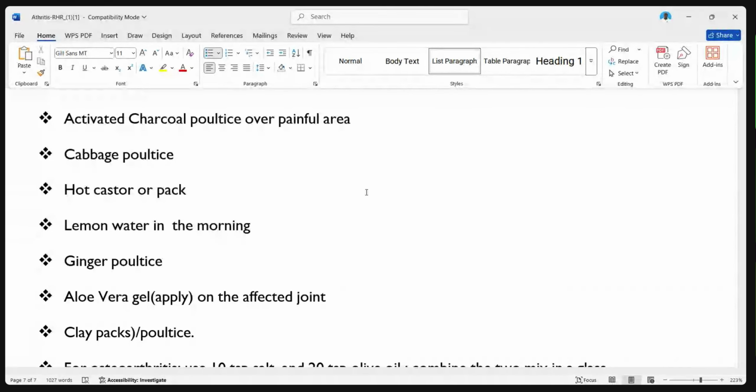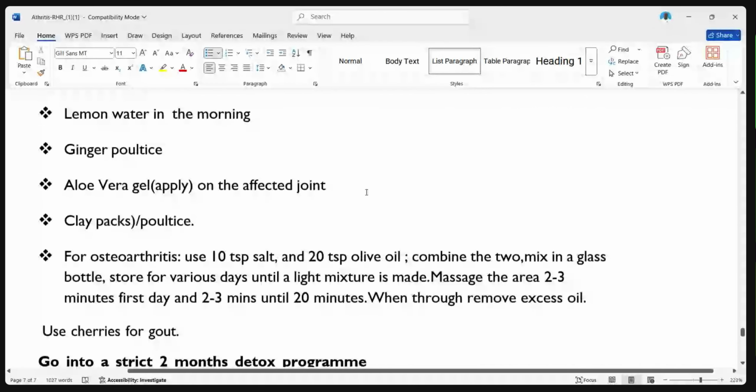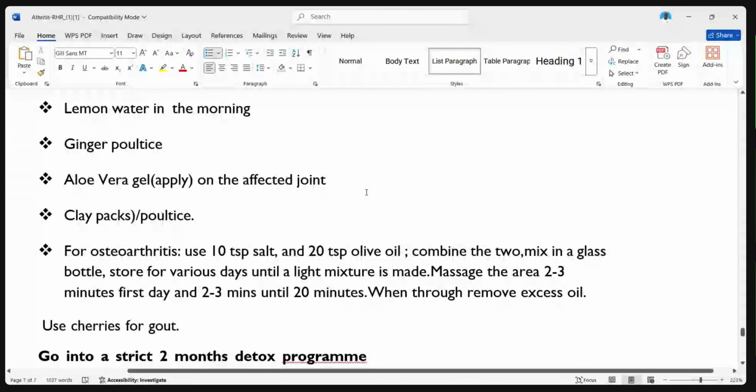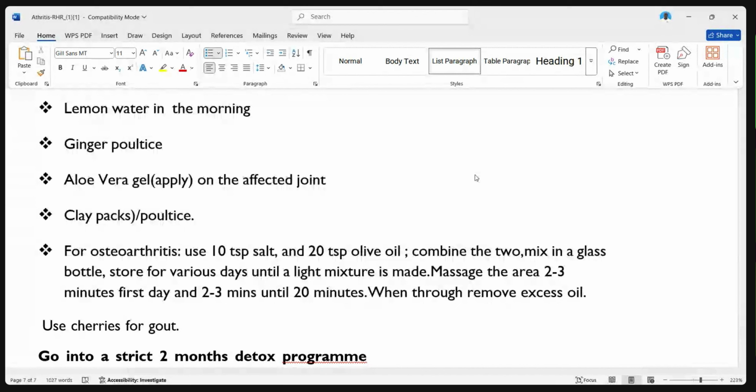Hiyo itamaliza uchungu sana sana. It will bring about the regeneration of the cells around and in the joint region. Then you have pack poultices ya kureduce maumivu. So let's now be specific, because that is a general treatment for almost every arthritis.